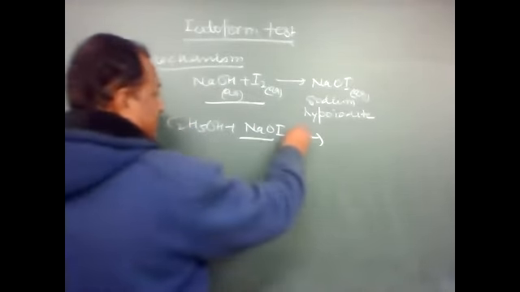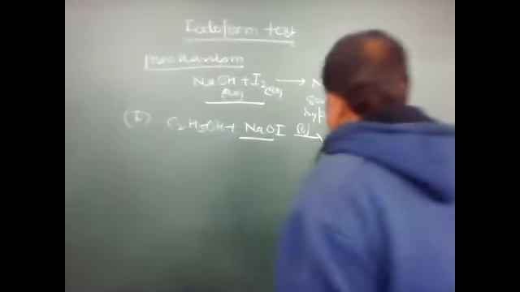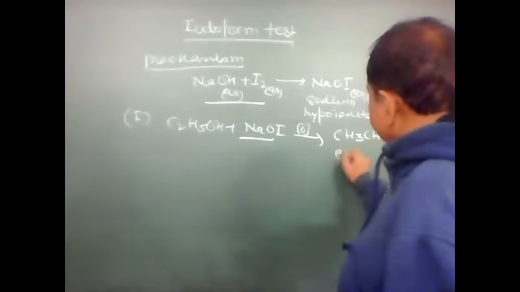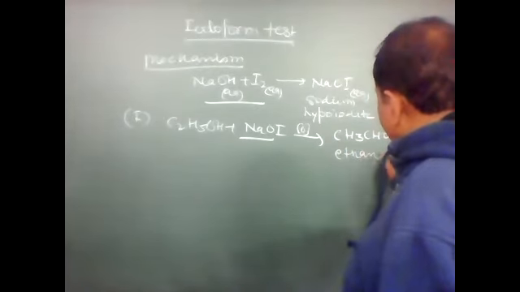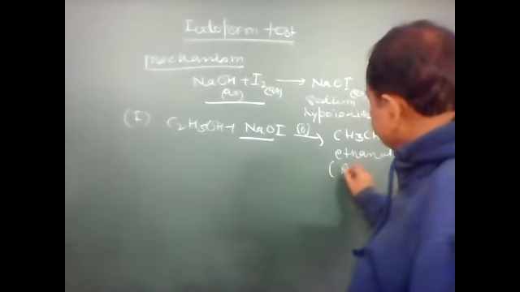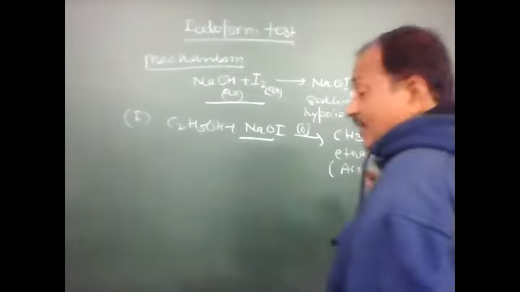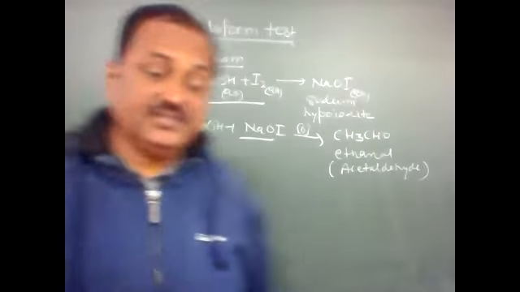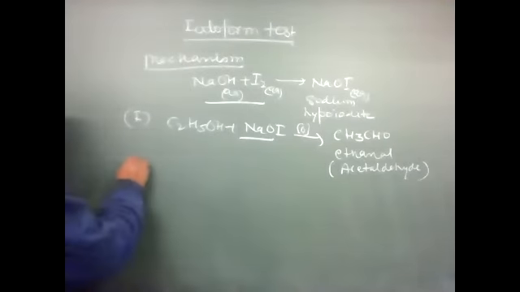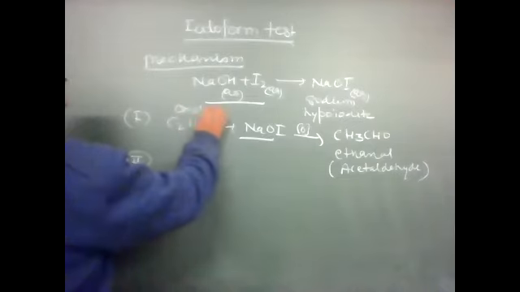As a result, there is oxidation, and there is formation of CH3CHO. This is ethanal, the IUPAC name. The common name is acetaldehyde. So this is the first step in the mechanism. This is oxidation.